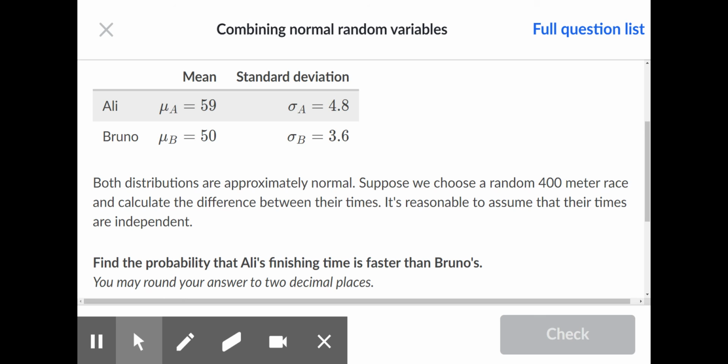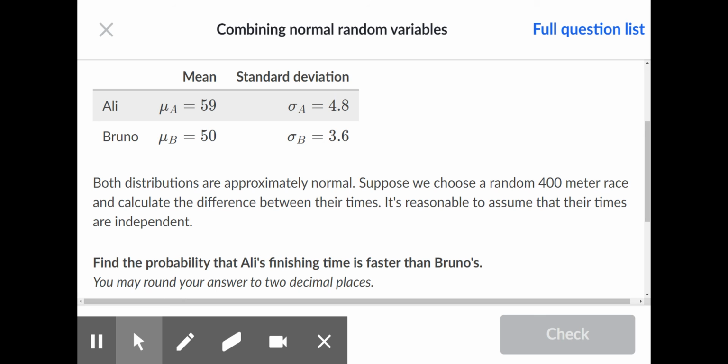The upper bound is zero, because we want D less than zero, so that the finishing time of Ali is less than the finishing time of Bruno. The mean of D is 9, the standard deviation is 6. So I need to remember that sequence: 0, 9 and 6.